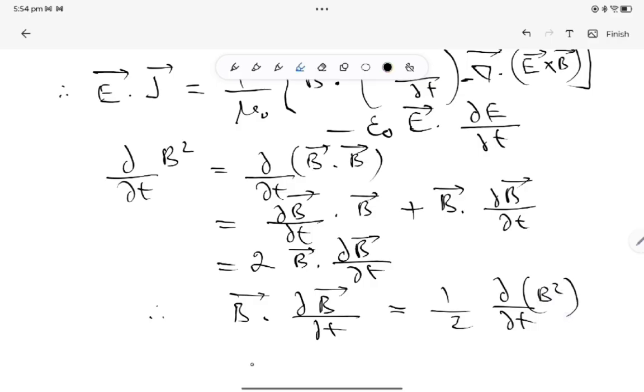Similarly, we can write E dot del E by del t as 1 by 2 del by del t E squared.